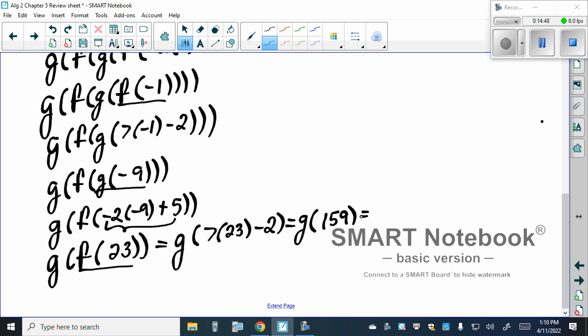And lastly, we'll plug 159 into g of x, which would be negative 2 times 159 plus 5. That gives us negative 313. That's it.